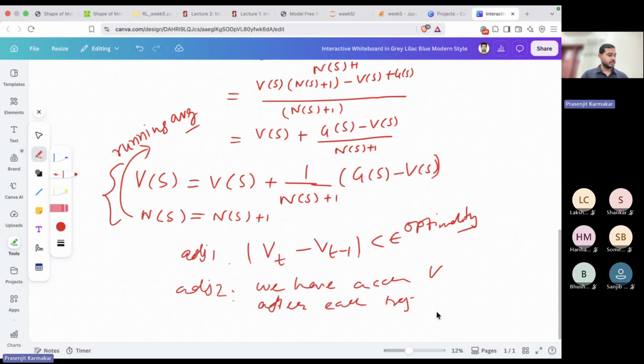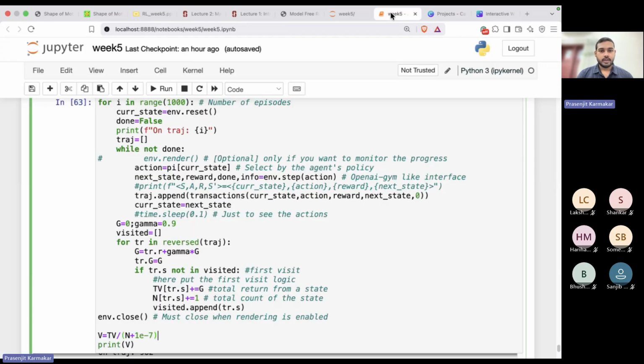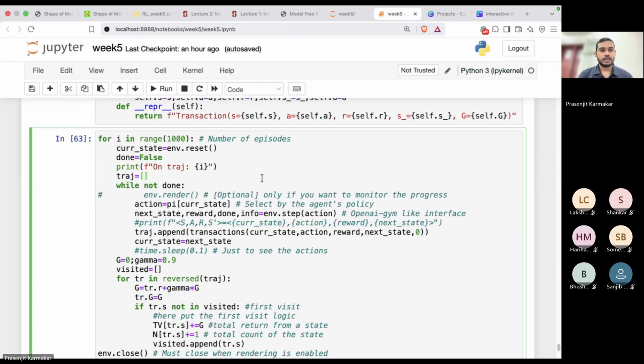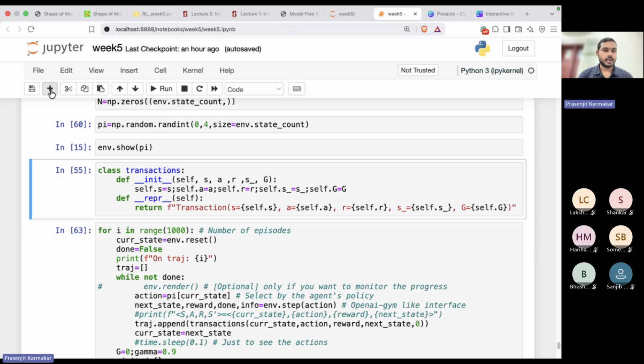Okay, so let's implement this one. And the same logic applies. You can also implement the first visit and the every visit logic within this. Okay, so let's copy. Everything would be the same. Let me just annotate this.